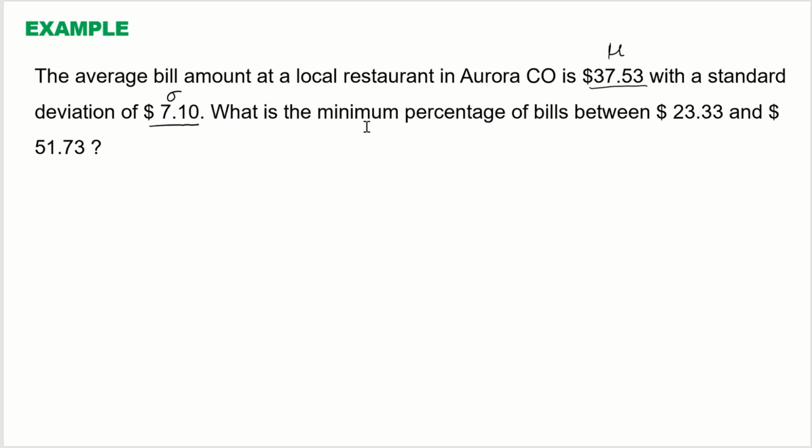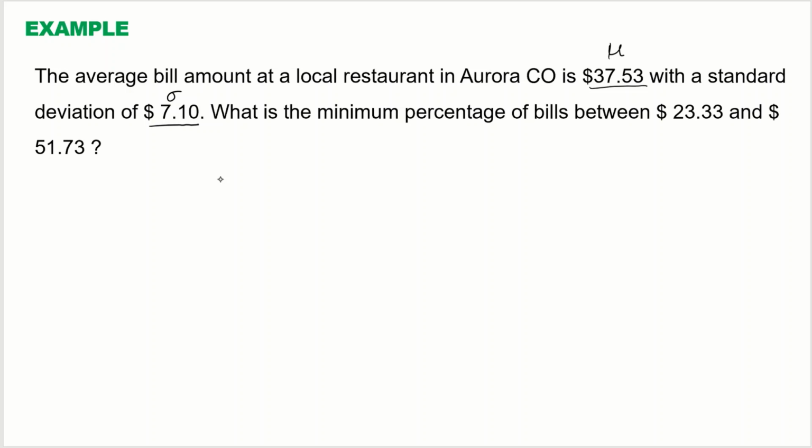Whenever we are asked to find the minimum percentage, you must think of Chebyshev's theorem, because the minimum percentage will be 1 minus 1 over k squared, times 100%. What is the minimum percentage of bills between 23.33 and 51.73? Let's try this.